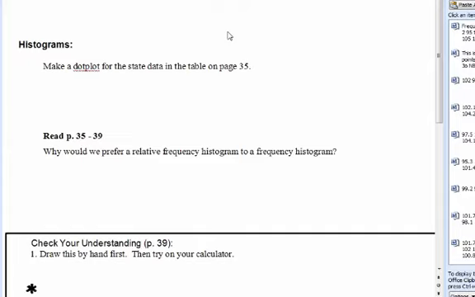So as you can see, the choice of width can influence the appearance of a histogram. The next step is to find the count or frequency, or the percent or relative frequency, of individuals in each class. You want to label and scale your axis and draw the histogram.